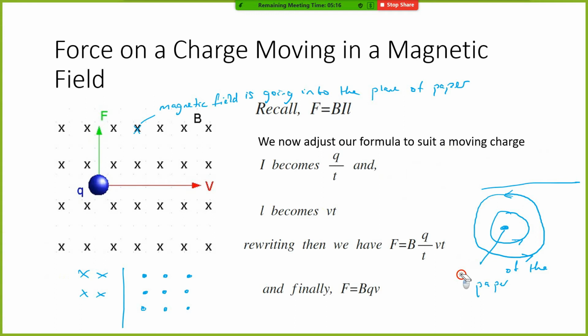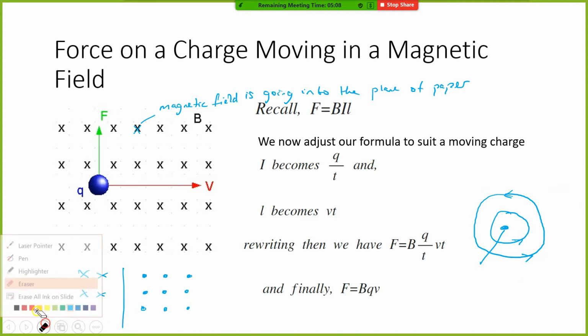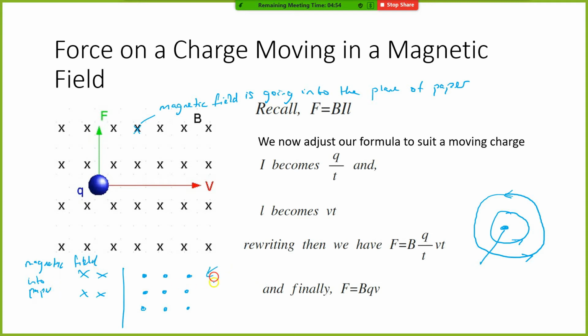But as I said, just remember now that if you're seeing the x's, then the x's mean that the magnetic field is going inwards or into the paper. But if you're seeing dots, it means that the magnetic field is going out of the paper.